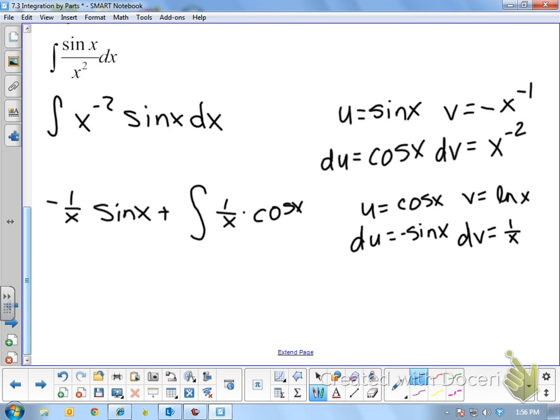So the derivative of cosine is negative sine x. Derivative of negative sine is negative cosine. So the integral of negative cosine would be negative sine. The integral of negative sine would be cosine. The integral of cosine would be sine.